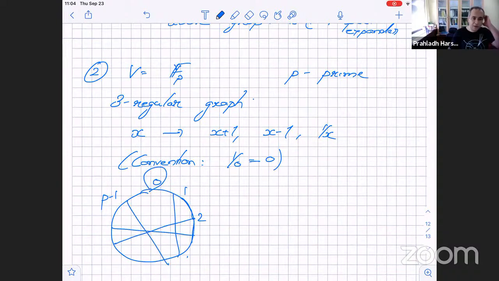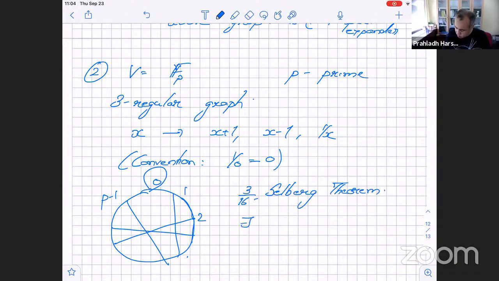This is how the graph looks, and the famous theorem, the Selberg 3/16 theorem, says that there exists a lambda less than 1 so that for all p, this graph is a 1 minus lambda spectral expander.